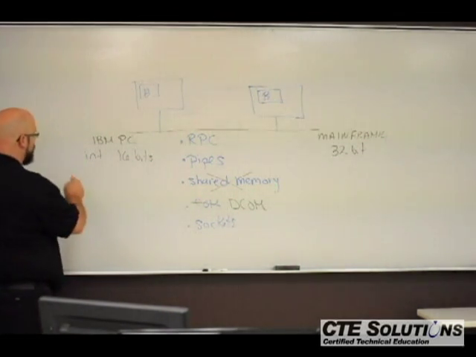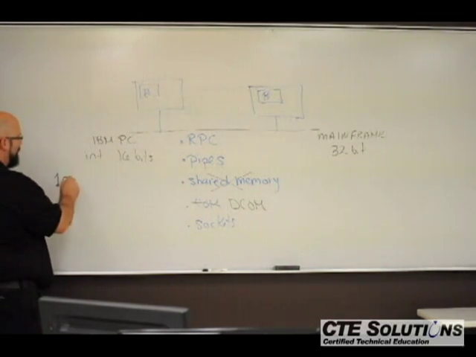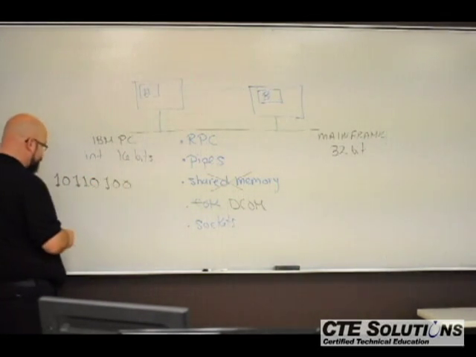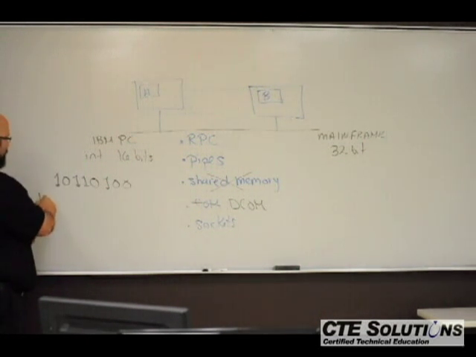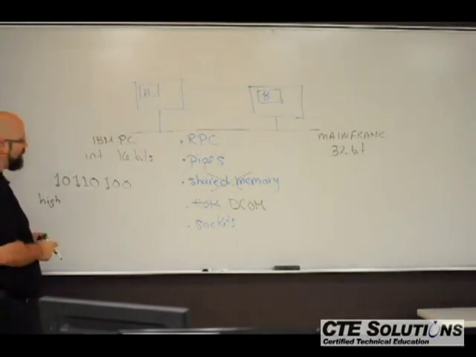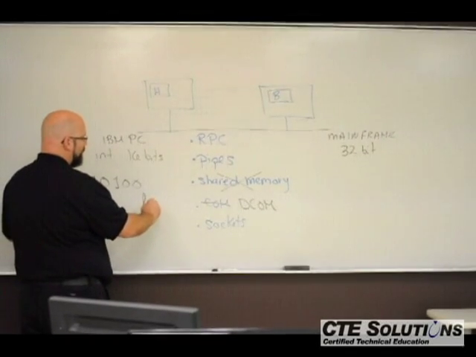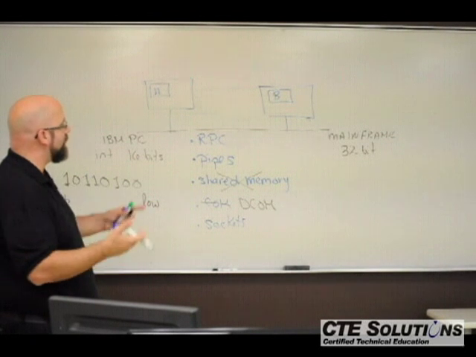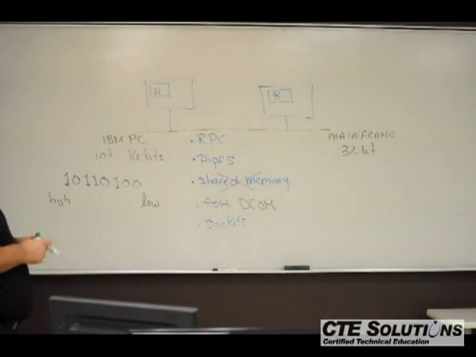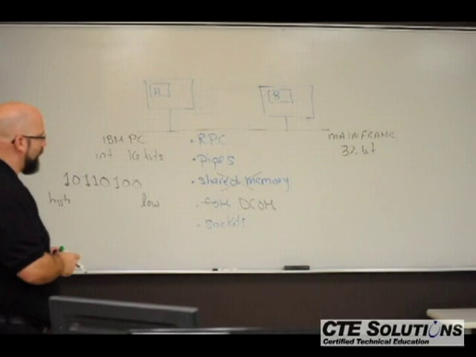Right? Even worse, if you're looking down at the actual bits being sent between the two machines, like so, one computer could have had the high order bit on the left and the low order bit on the right, and based on the architecture of the other system, the order could be reversed on the other end.